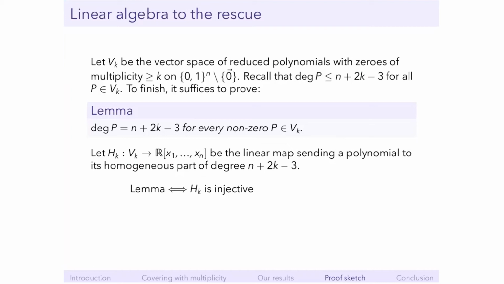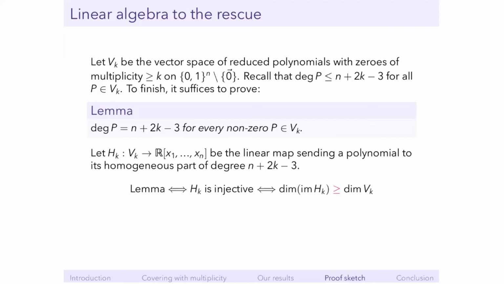And now we'll use some magic linear algebra fact, which is why I called the slide linear algebra to the rescue. So to prove that hk is injective, that's equivalent to proving that the dimension of the image of hk is equal to the dimension of the domain, right? Because being injective is the same as preserving the dimension on the image.